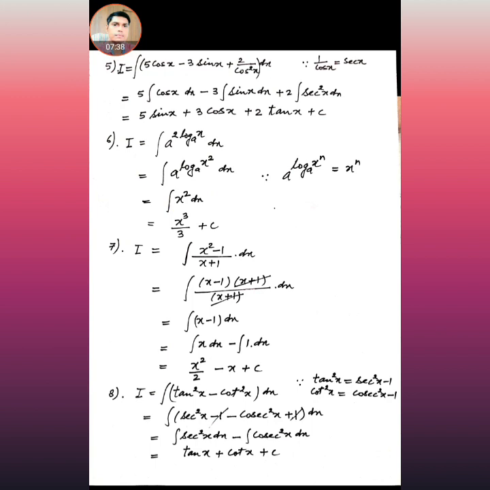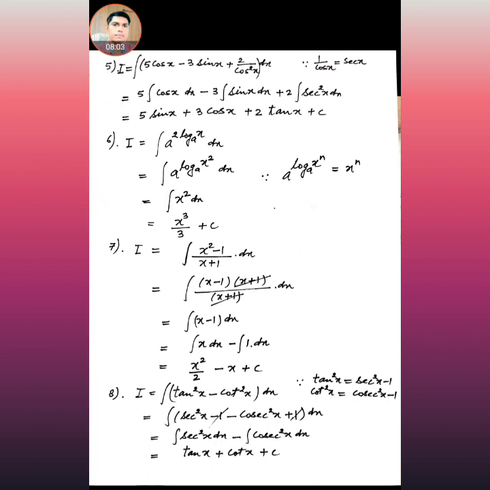Example 7. Integration of x square minus 1 upon x plus 1. First of all, identity: a square minus b square is equal to a minus b into a plus b. So we can write x square minus 1 as x minus 1 into x plus 1.